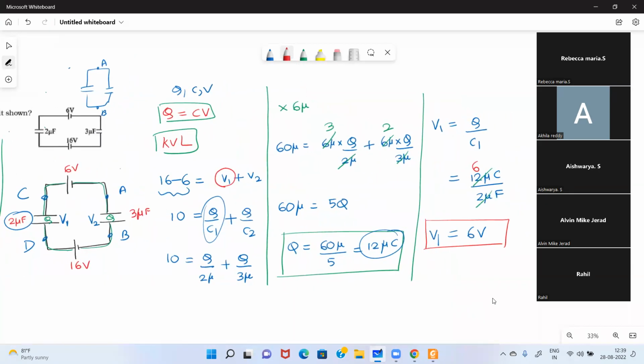Just take it down. Let me know once you're done. Any part you did not understand, just let me know. Once again, finally, I'm asking, how are these two capacitors connected? Series. You're clear, right? Okay. Yes, sir.